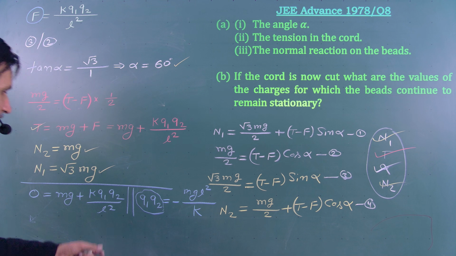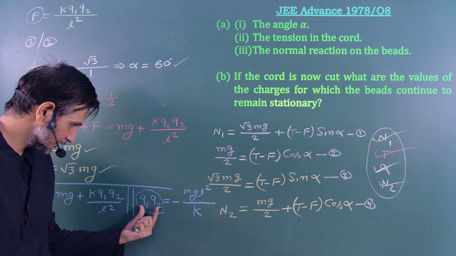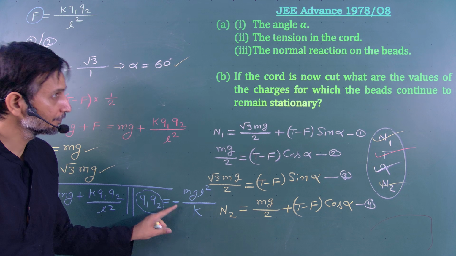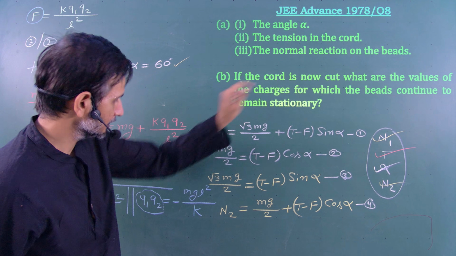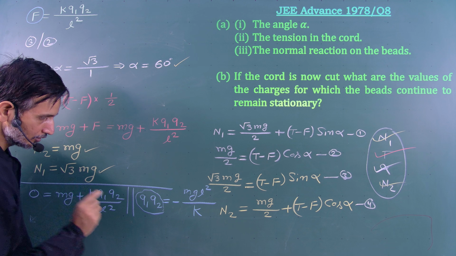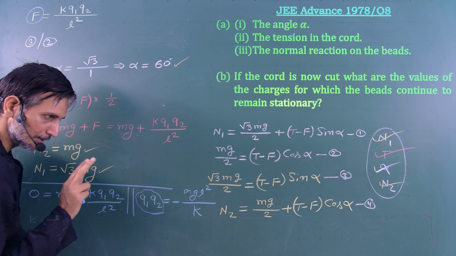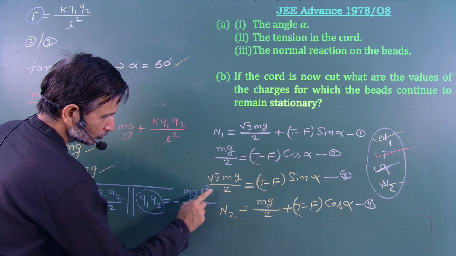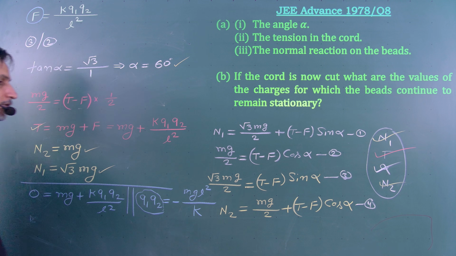The condition is that both charges have opposite nature, because of the minus sign. So when the cord is cut and the beads remain at rest, Q1 and Q2 must have opposite sign and their product must be equal to mgL square by K. K is 9 into 10 to the power 9. So this is the complete solution of the problem.